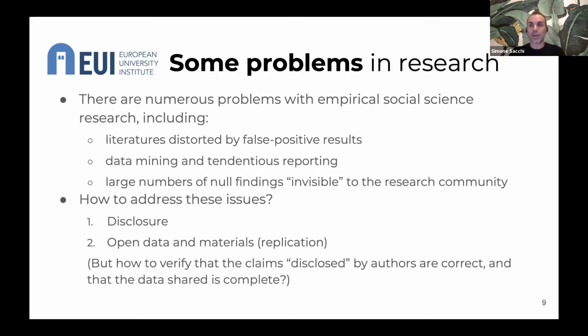The general idea is that whenever you do statistical analysis, you cherry pick some of the results in order to make your claim statistically relevant. And there are, of course, a large number of null findings that are invisible to the research community.